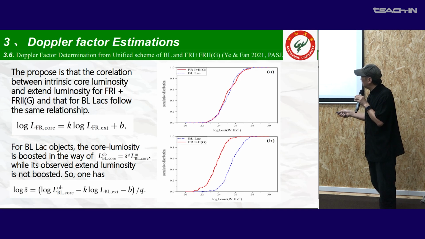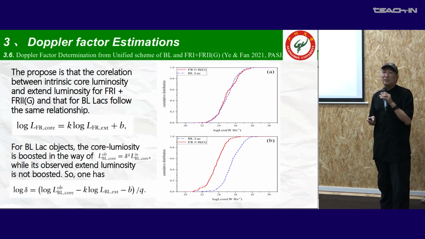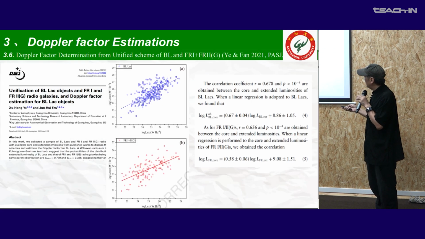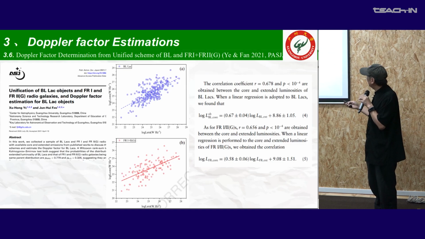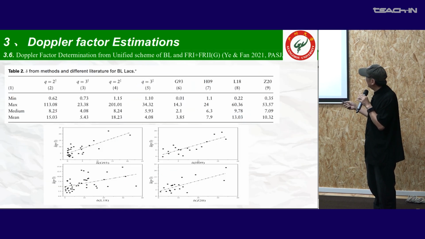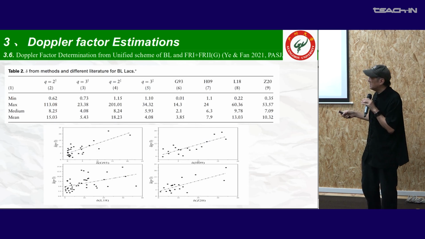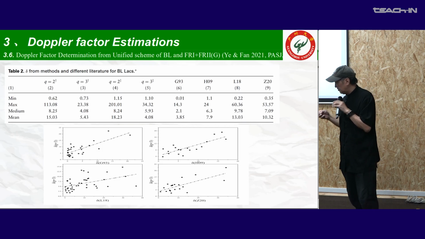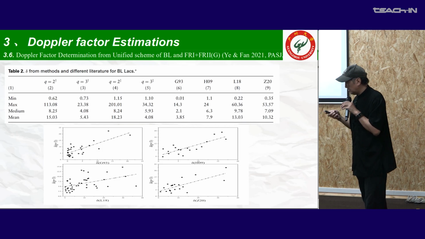So we can use this to get the beaming factor for BL Lac objects. So we get this value. This is our result, and we also compared our result with others. I think there are some similarities between ours and the others.